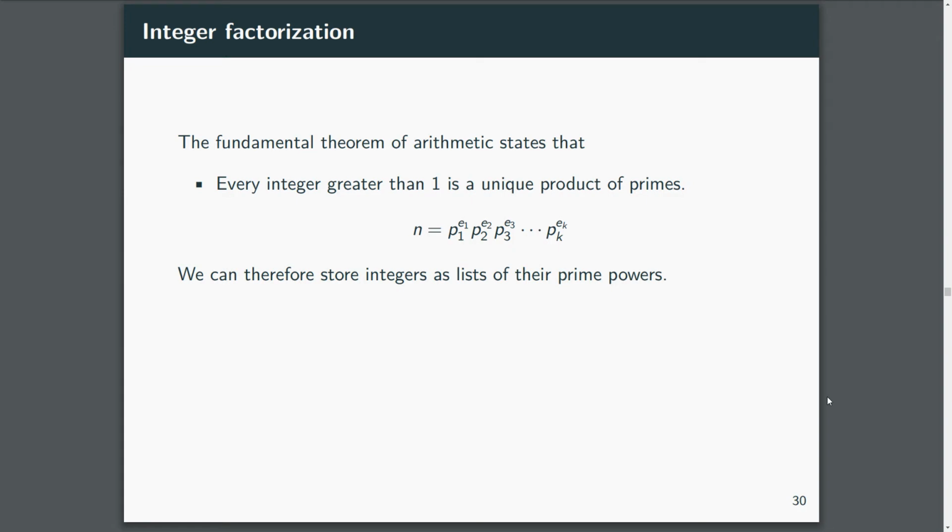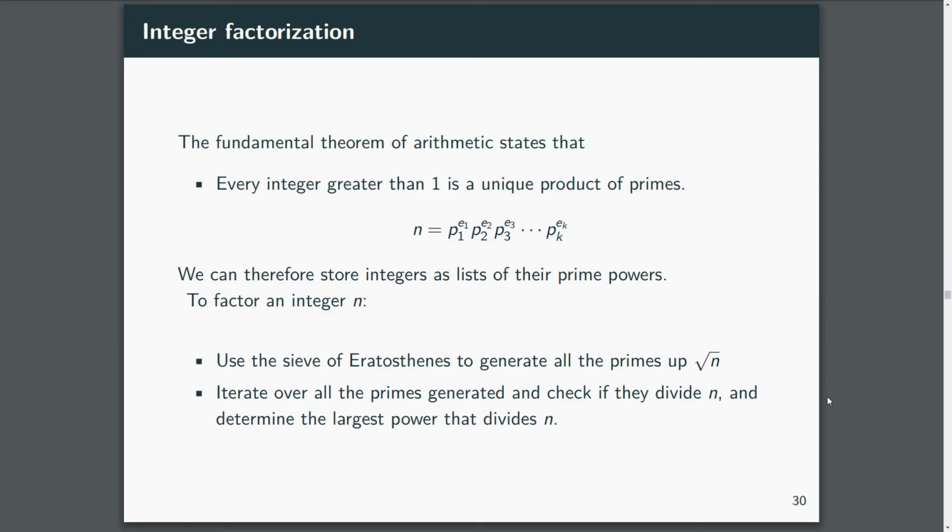So we can store integers as lists of their prime powers. And what we do is we use the Sieve of Eratosthenes to generate all the primes up to the square root of n. Then we iterate over all the primes that we generated and check if they divide n. And we determine the largest power that divides n.